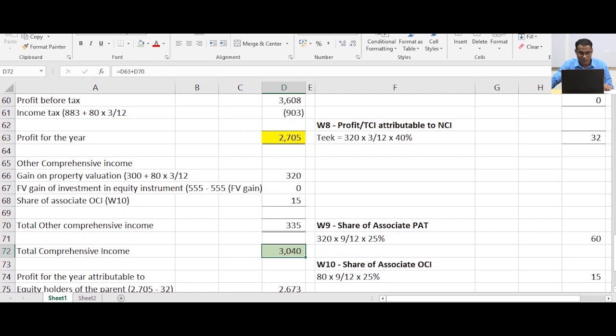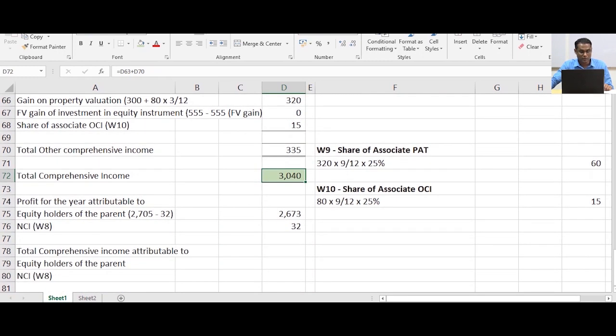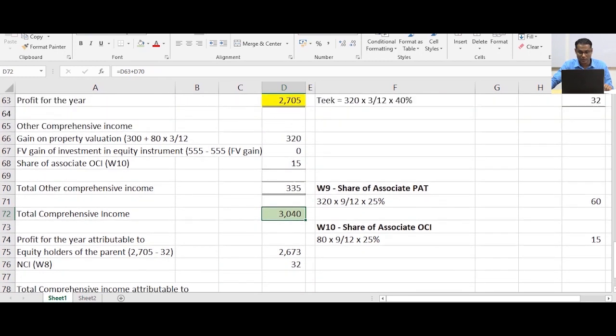So what is the total comprehensive income? 3040, what I have highlighted in green, 3040. That also has to be allocated to the equity holders of the parent and to the non-controlling interest.